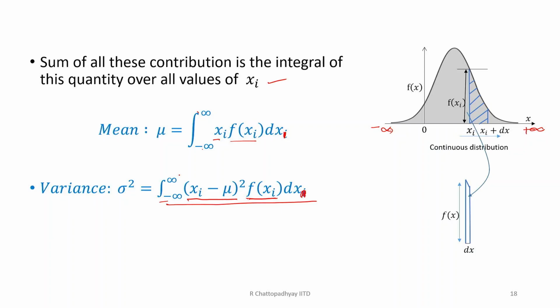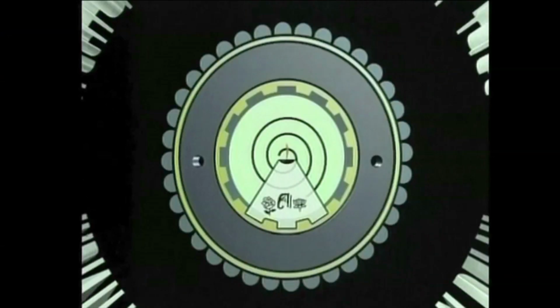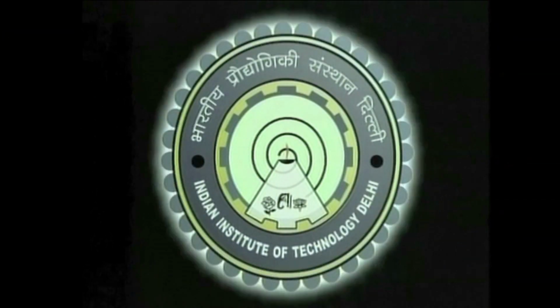That gives you the variance. So there is similarity in the equations between what we have seen earlier for the discrete distribution case and what we see now for the continuous distribution case. So exactly the same approach.